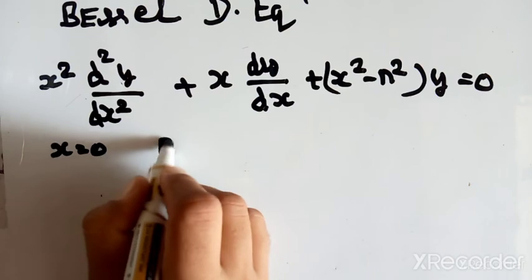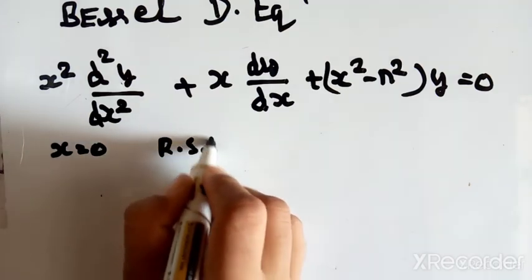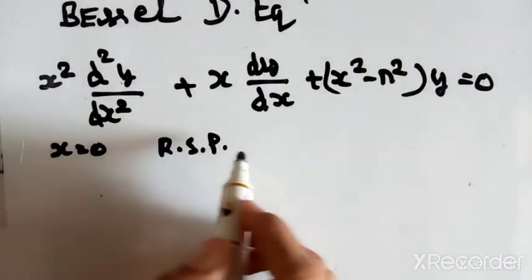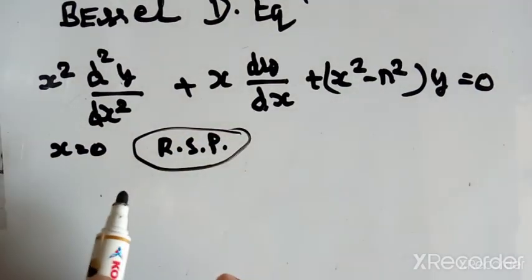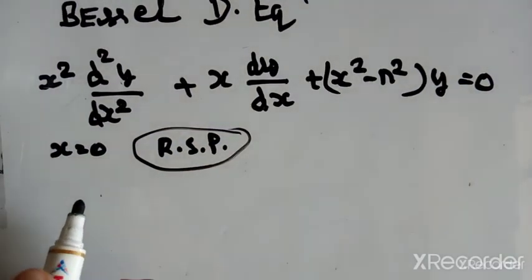Here at x equal to 0, it is a regular singular point. If you don't know what a regular singular point is, watch the previous lecture on this channel.